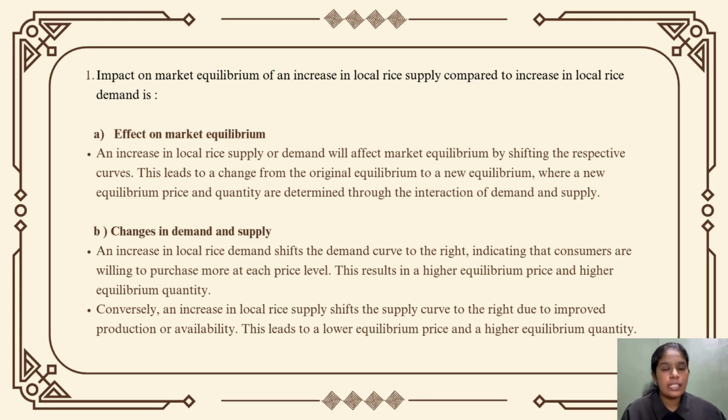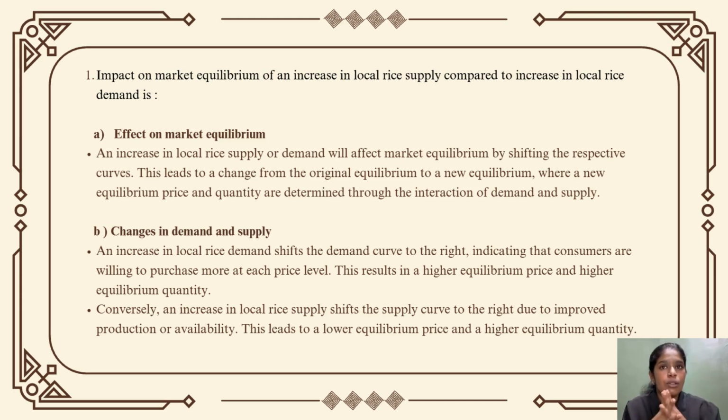Okay, the next is the change in demand and supply. An increase in local rice demand shifts the demand curve to the right, indicating that consumers are willing to purchase more at each price level. This results in a higher equilibrium price and higher equilibrium quantity.